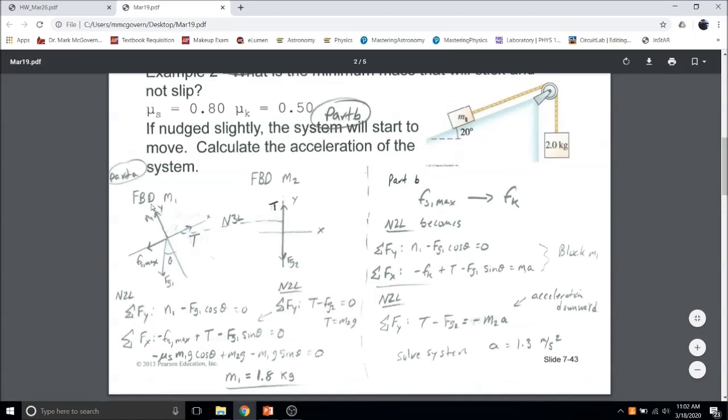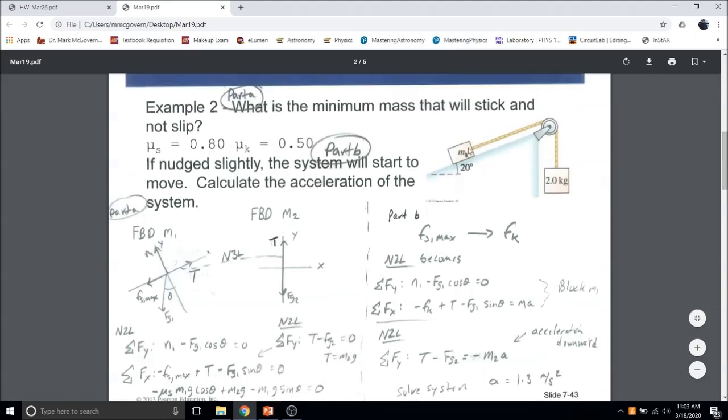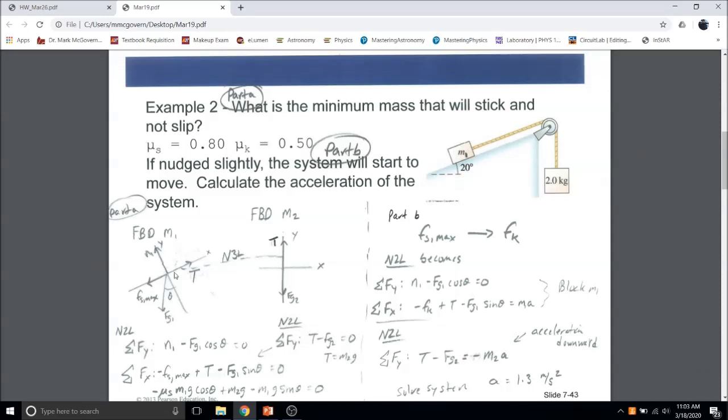All right. Free body diagram of mass 1. Mass 1 is the one that's on the incline. So I have a tilted coordinate system. I have gravity down, Fg1. I have normal force up perpendicular to the incline. I have my tension up the incline, and I have max static friction here. Now, why do I have max static friction here? Well, the question asks, what is the minimum mass that will stick and not slip?